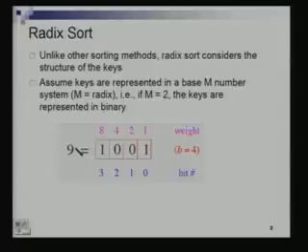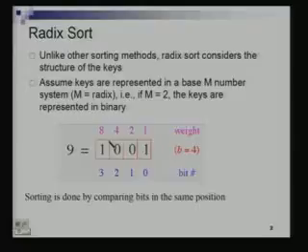I can represent 9 in some other base also, base 3, let us say. Then m would become 3, and I can still use that to do the sorting, and we will see how.